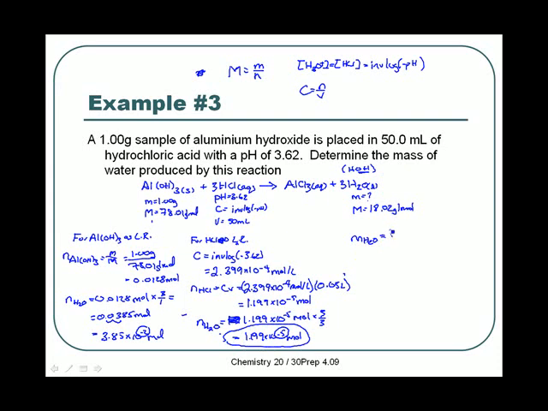So mass of H2O is going to be molar mass times moles, 18.02 grams per mole, times 1.199 times 10 to the negative 5 moles. We're going to get 2.16 times 10 to the negative 4 grams.